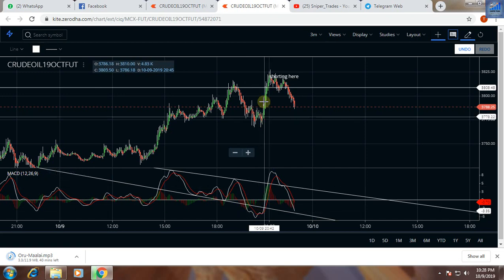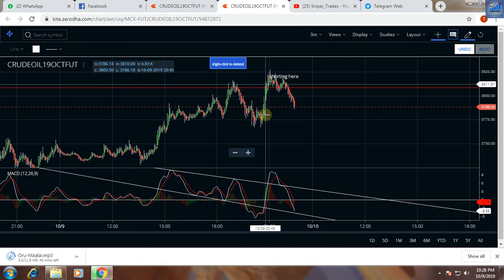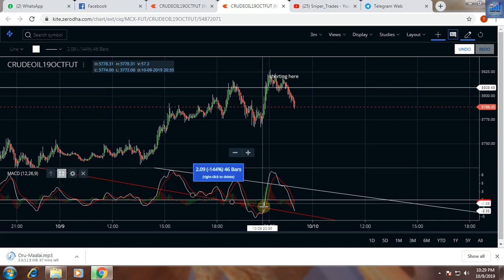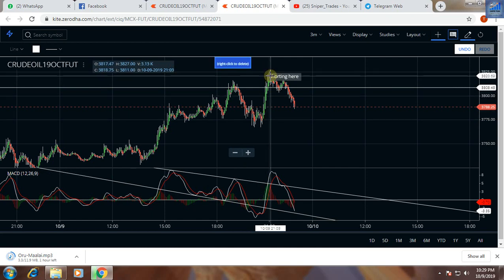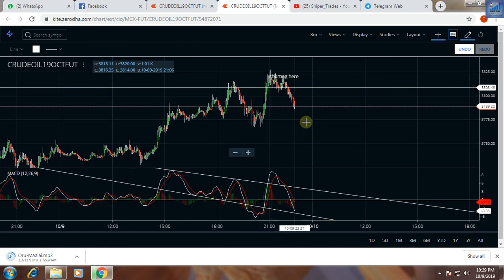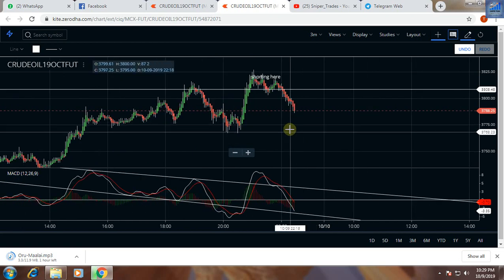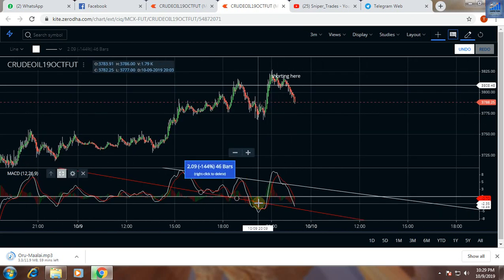The price has moved up so much from this level. From this 3780 level, it has made a high of 3827. This is the advantage of using this method.